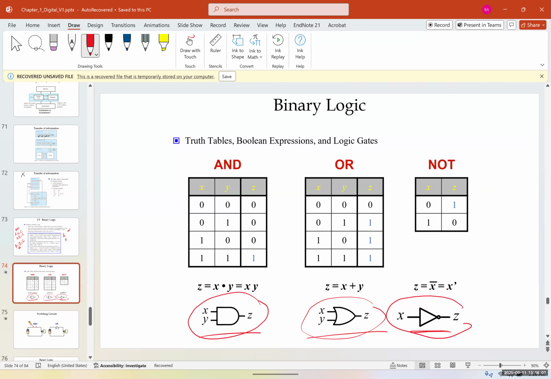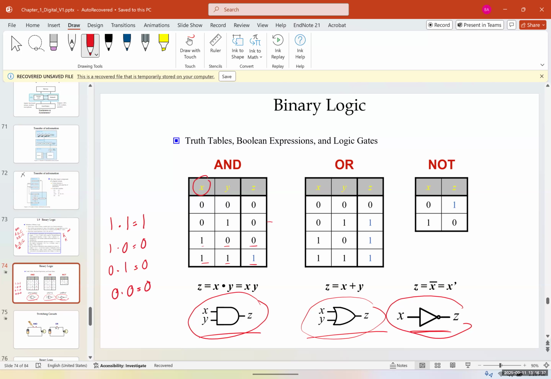For an AND logic gate, if X and Y are both 0, 0 AND 0 is 0, 0 AND 1 is 0, 1 AND 0 is 0, and 1 AND 1 is 1. So basically, it's like a multiplication. You multiply 1 by 1 is 1, 1 by 0 is 0, 0 by 1 is 0, and 0 by 0 is also 0.